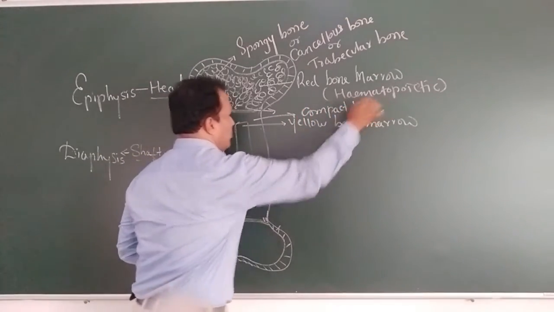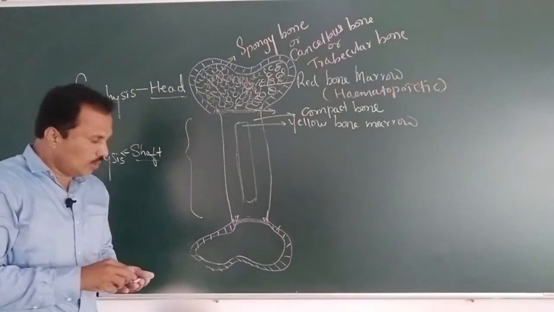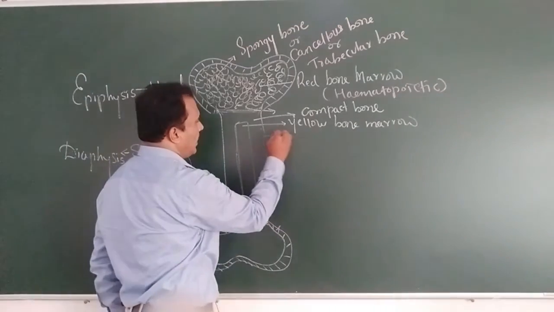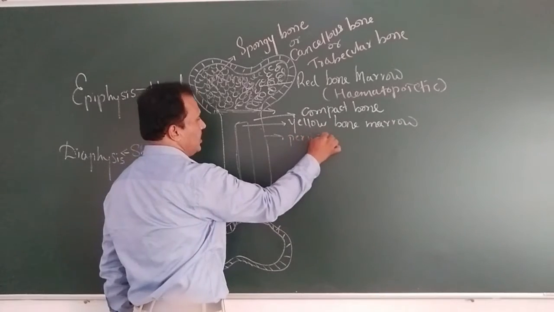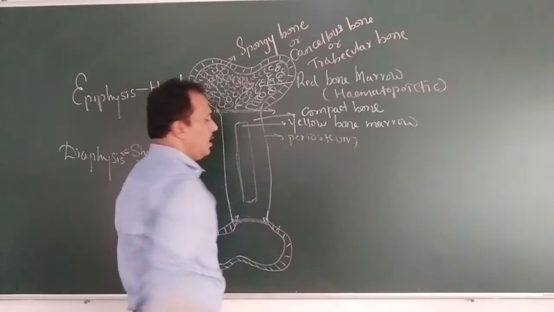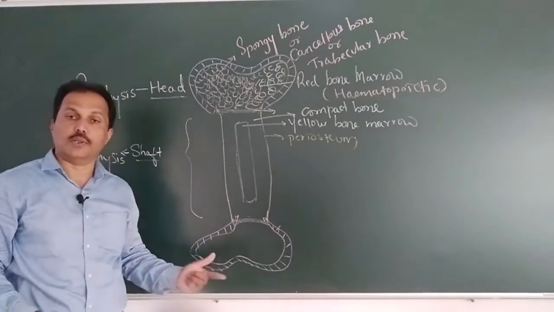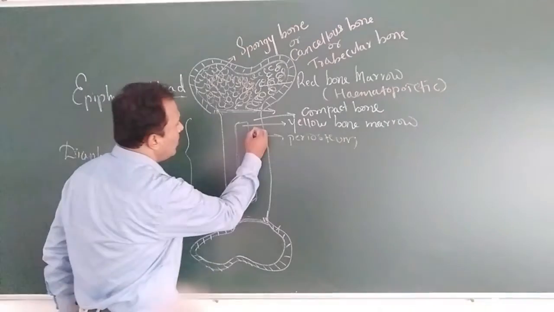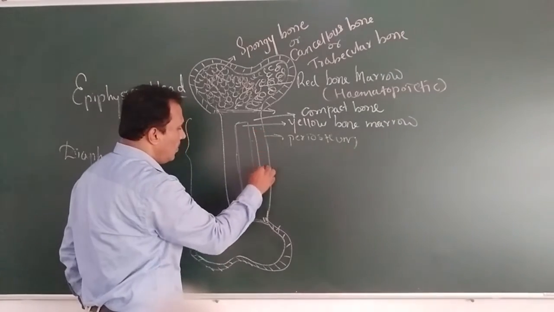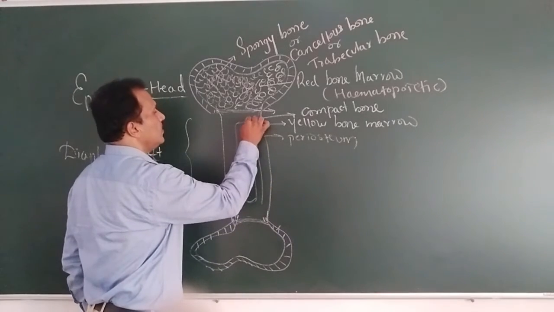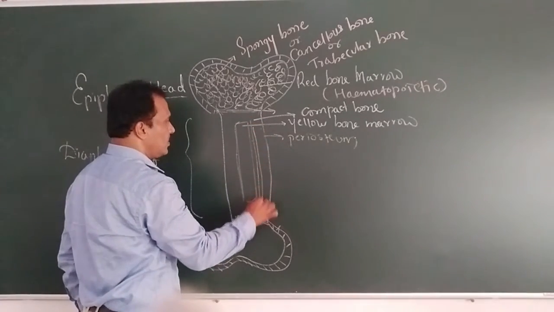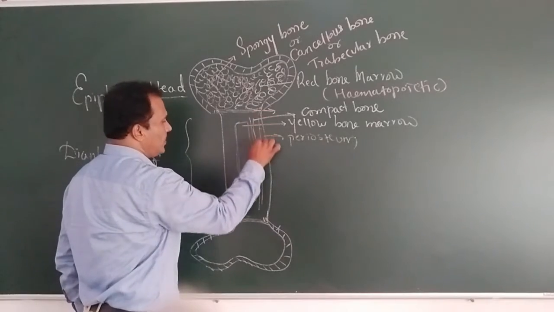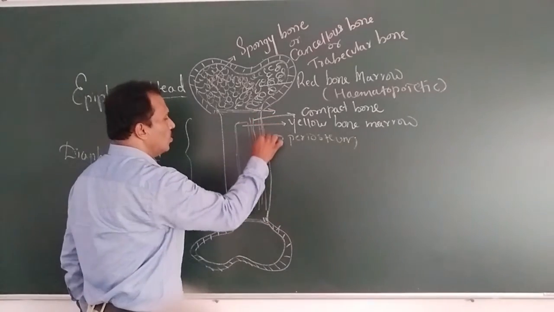It is a compact bone and through this periosteum, through this shaft region, you will find these type of structures. What are these type of structures? These are the canals present in the bone.